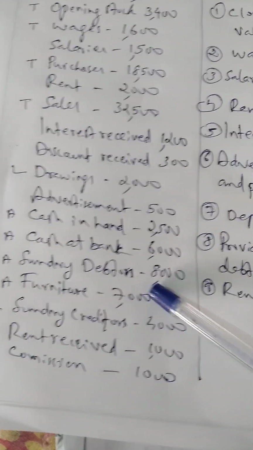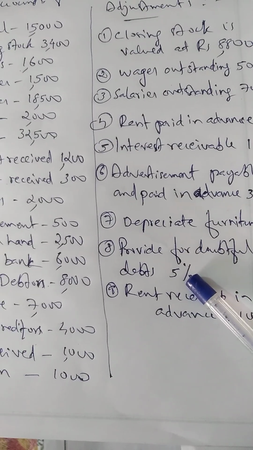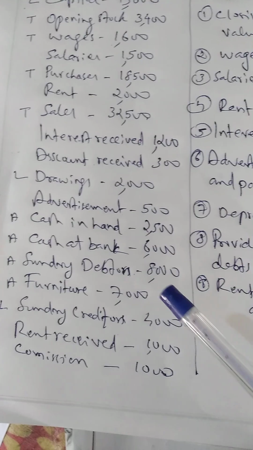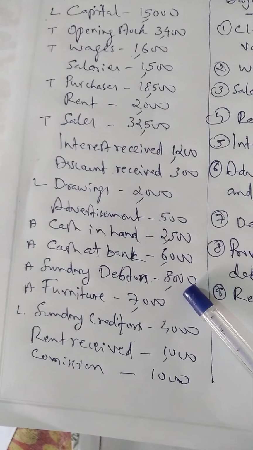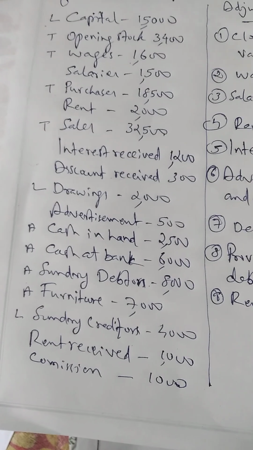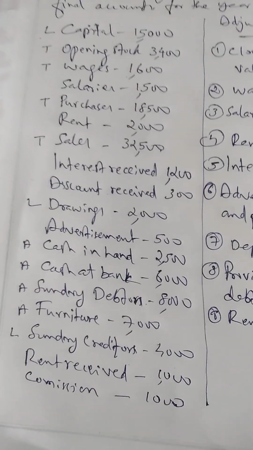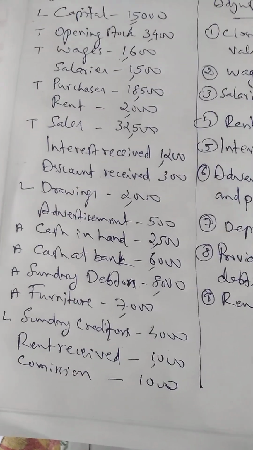Here 8,000 is there, and 5% of this debtors may not be realizable. We may not get this amount from our client because of some reason. There may be a chance of getting the full amount, but because of their attitude, or because of our business practices, we may provide some provision for that.